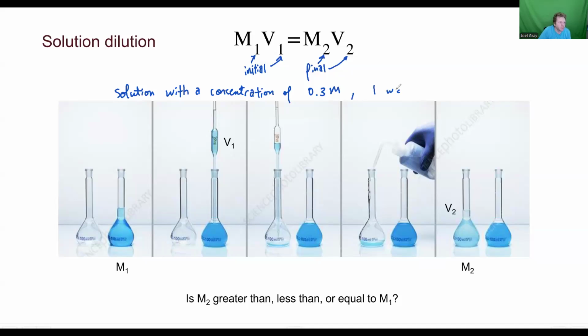I want to make 500 milliliters of a 0.23 molar solution.